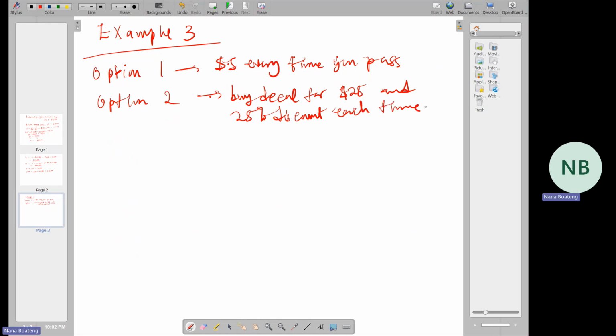All right. So let's let the number of times that you pass the toll be X. So if we say let X be the number of times you pass the toll, or the number of trips you make past the toll.